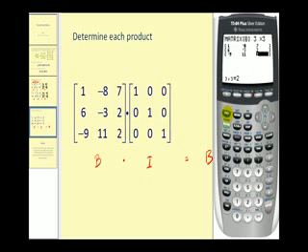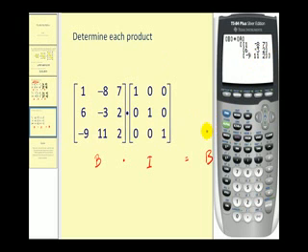Let's go back to the main screen. Second, quit. We'll multiply matrix B, second matrix, scroll to B, enter, times the identity matrix in matrix A. So second matrix, enter, enter, and we can see the result is matrix B as we expected.